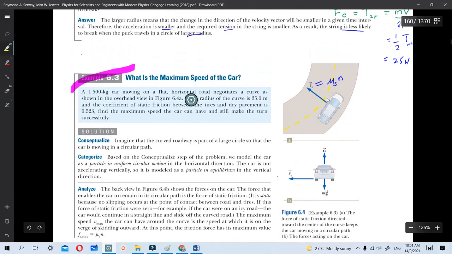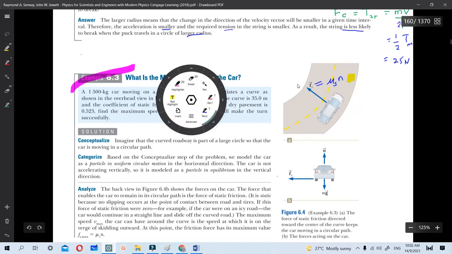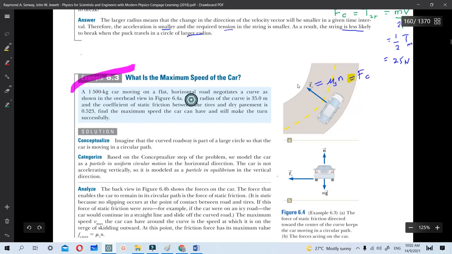Therefore, since it's directed toward the center, pulling the car so that it does not move in the tangential direction, this is the supplied centripetal force. This is FC.